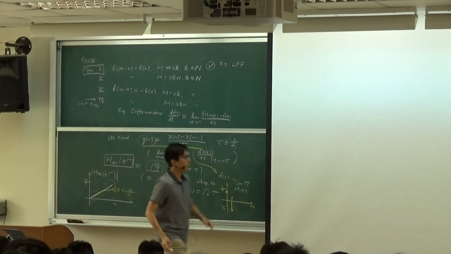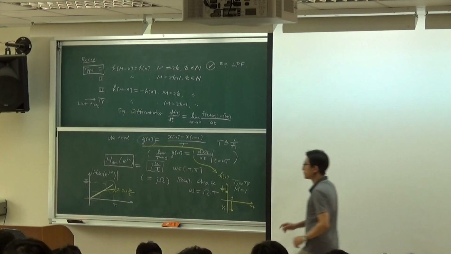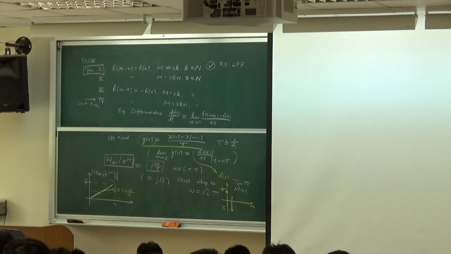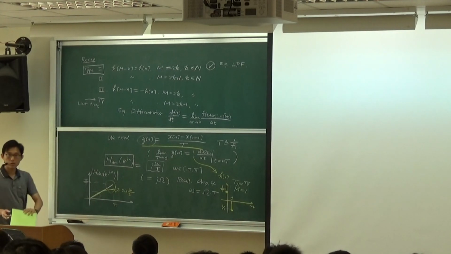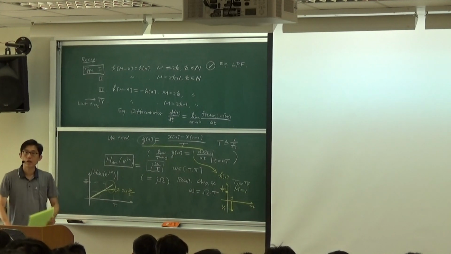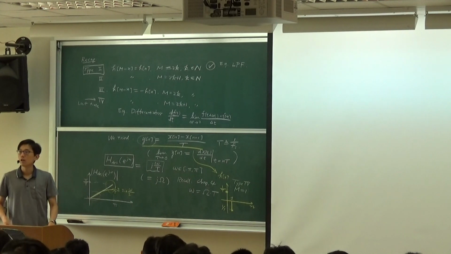Next, let's switch to this board. We are going to follow the same kind of procedure, the same steps as we used to design a low-pass filter. We are going to window the ideal response.